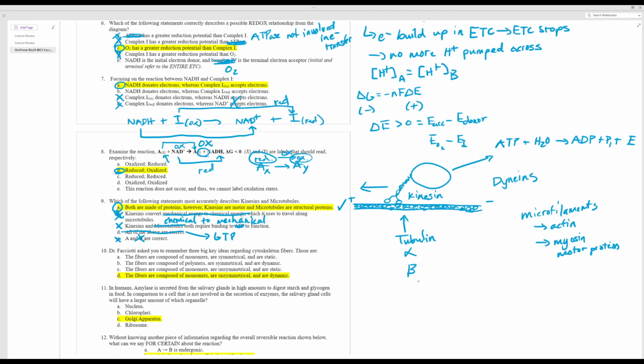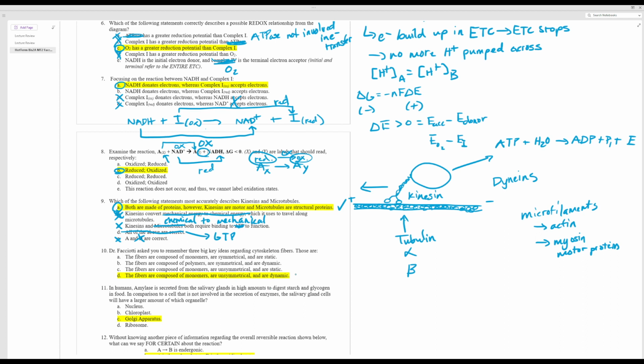Basically, at the positive end of the microtubule, beta tubulin is bound to GTP, and on the negative end, it's bound to GDP, which is why the negative end can depolymerize pretty quickly. We don't talk about that with this professor, so don't worry about that, but that's something you may come across in the future. But it has to do with their unsymmetrical nature.